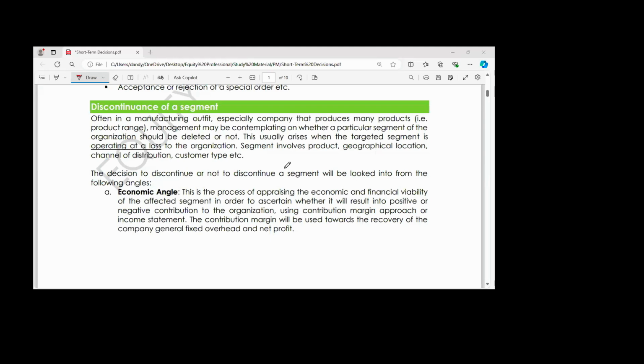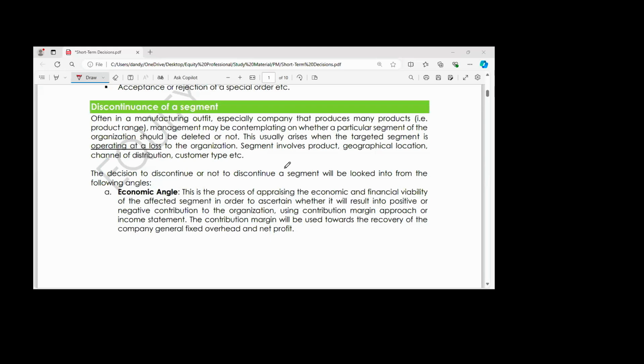So, we also said that marginal costing technique relies heavily on behavioral classification of costs, in that a cost item must be capable of being classified as either variable or fixed cost.